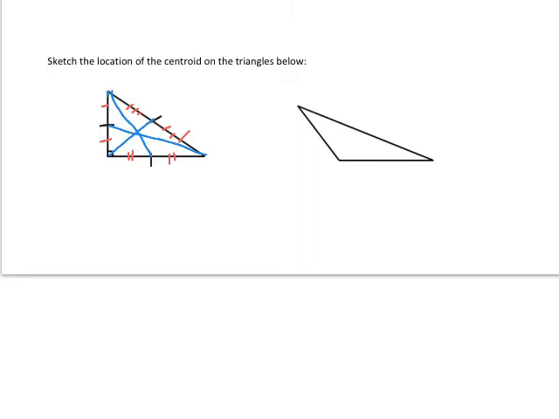So the three blue lines are the medians, they intersect at the centroid, and you see it's inside the triangle. Same thing for an obtuse triangle. If I were to mark off the midpoints, the medians go from the vertex to the midpoint, and again, it's always inside the triangle.